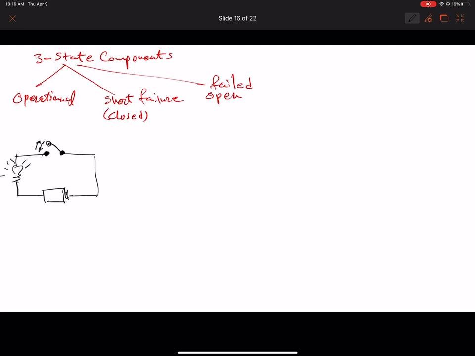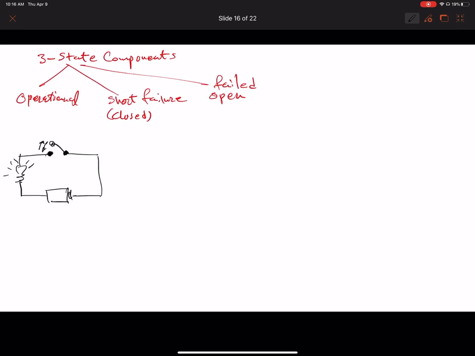When we say the switch has failed short or closed, it means it has failed in the closed state. Therefore, the light bulb is always on until the battery is drained.